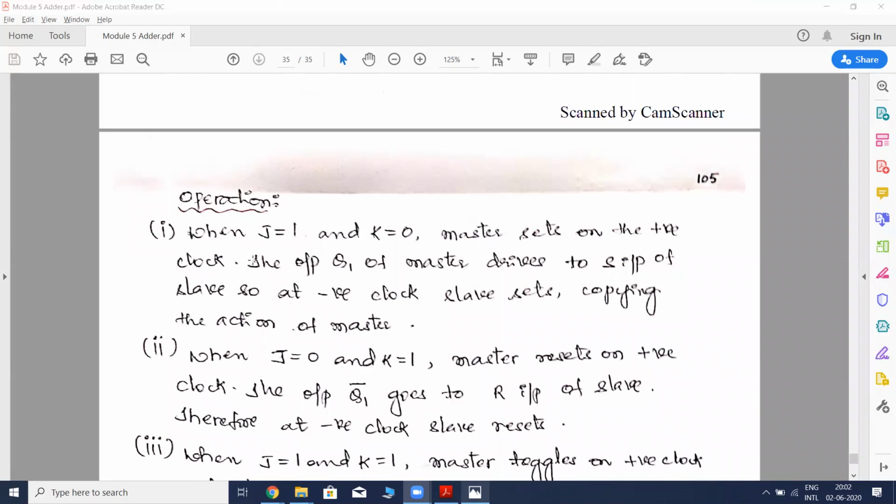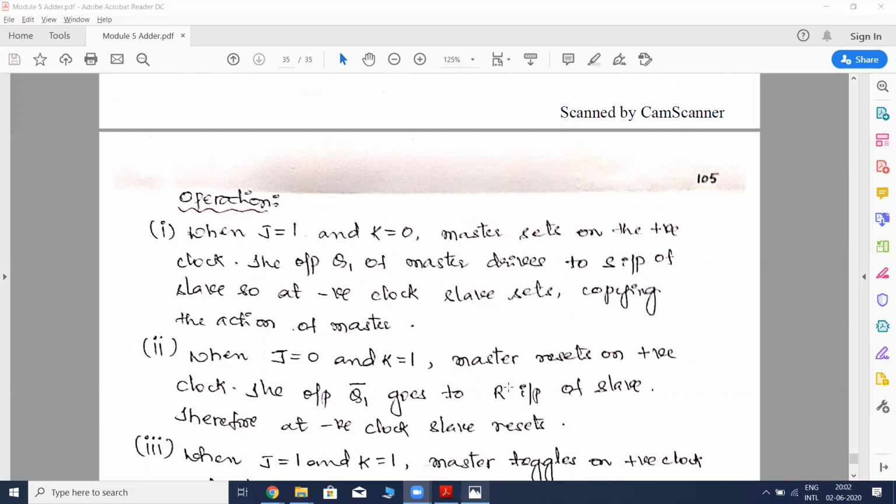Here we'll come back and discuss. So when J is equal to 1 and K is equal to 0, the master is going to set, because J is equal to 1. When it is going to set, it is on the positive clock.